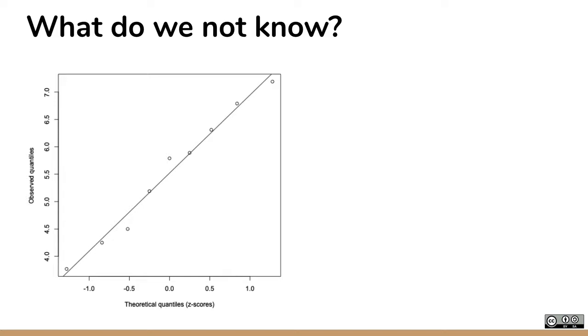Okay, so one thing we don't know from doing a QQ plot is a couple things, actually. This is non-parametric, so we didn't give R any information about what the mean or standard deviation of our values were, because it's doing everything from that standard normal plot. It doesn't care. It's trying to figure out z-score ranges.